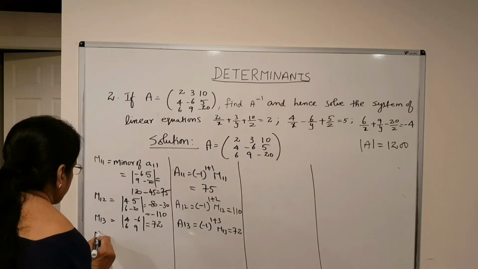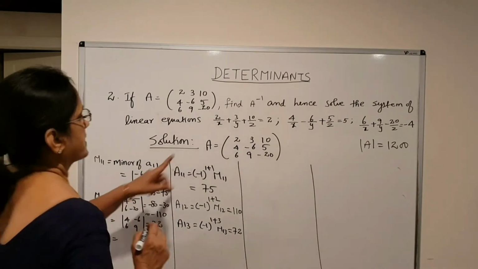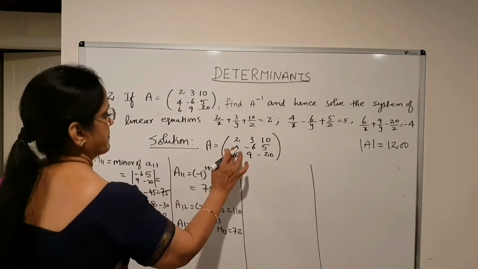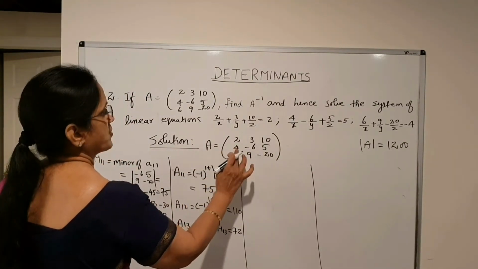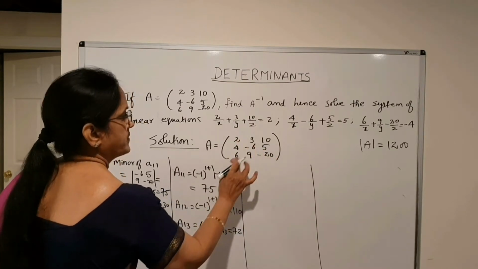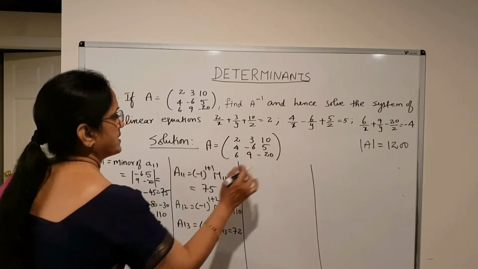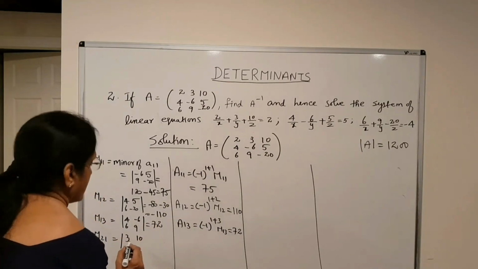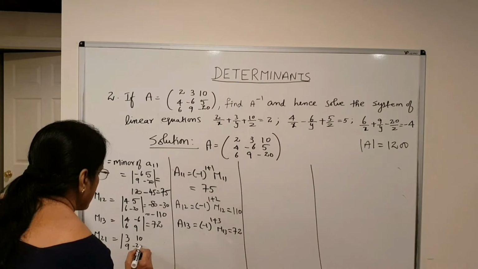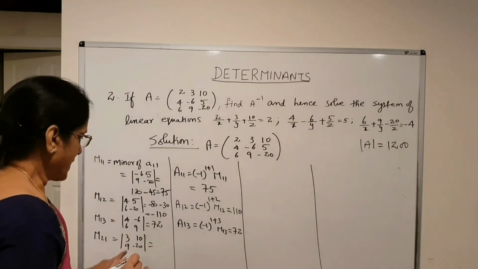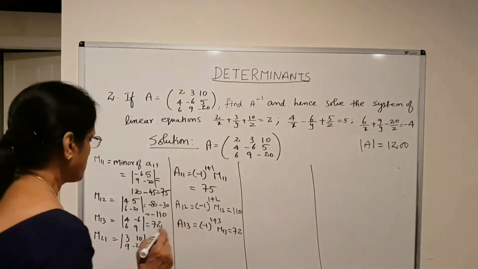M21. That is second row, first element, which is 4. So, the minor of the element A21 is going to be leaving the second row and first column. I have the determinant of 3, 10, 9, minus 20. I will have minus 60 minus 90, which is minus 150.